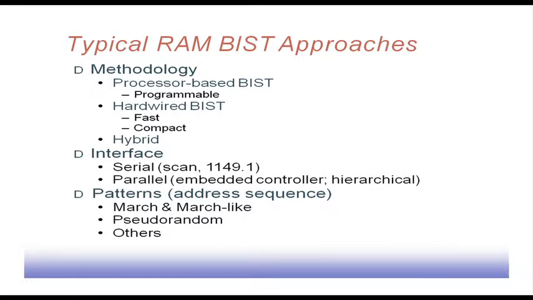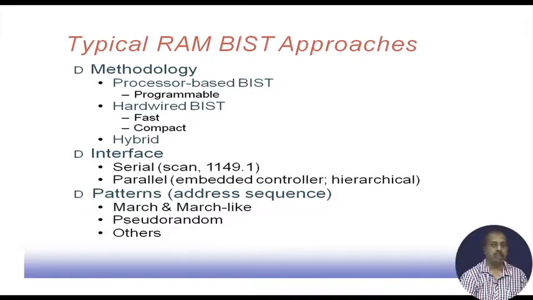Is there an embedded controller and or hierarchical structures like that? Then patterns, the march like patterns or pseudo random patterns or others. What are the different types of patterns that the RAM BIST will generate? These are the different issues while we are discussing RAM BIST.